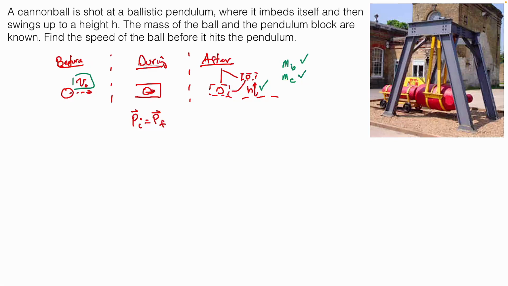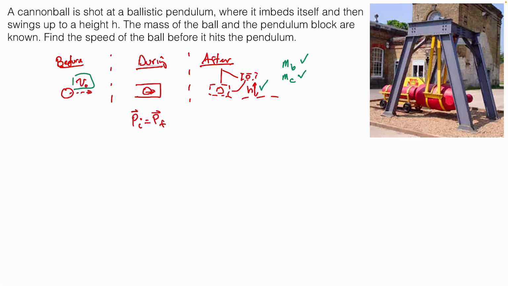I need to write down the total momentum of my system before and after. My system should consist of at least two things. There's a collision taking place, and in order for forces to exist, there have to be two objects interacting with each other. So at a minimum, what two objects do we have in this problem that are interacting? The ball and the catcher, right?